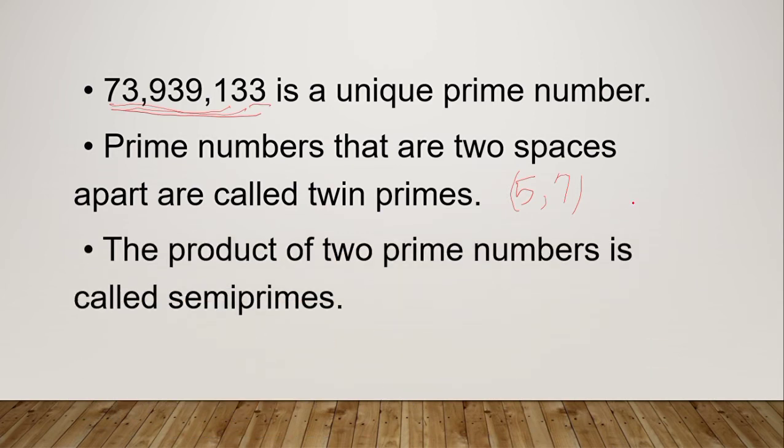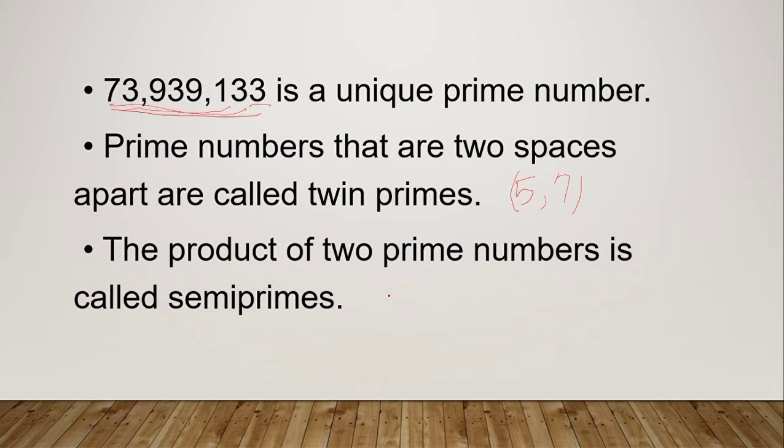The other is, I think this is the last trivia. The product of 2 prime numbers is called a semi-prime. An example for this, I'm going to use again 7 and 5.